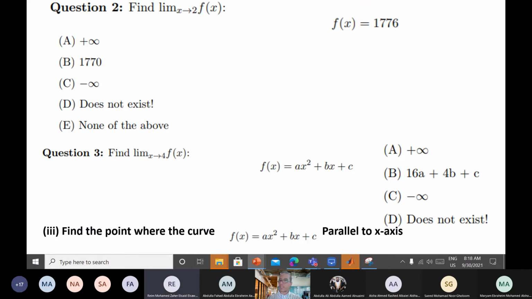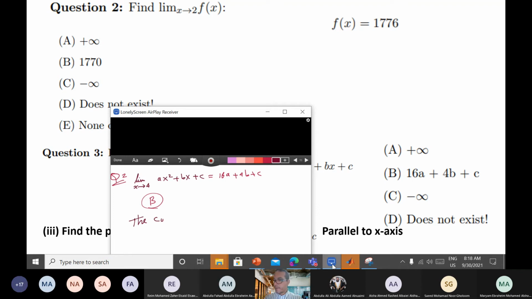It means the slope is equal to 0. The slope is equal to 0, right? So I'm writing this: the curve parallel to the x-axis, the slope equal to 0. What is the slope? Do you remember what is the slope for the curve?